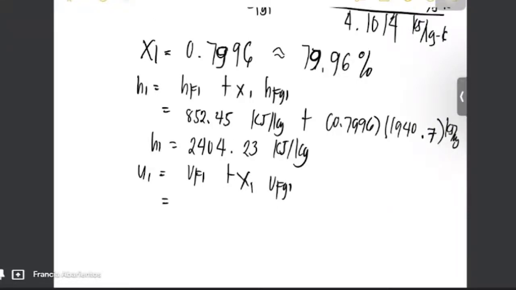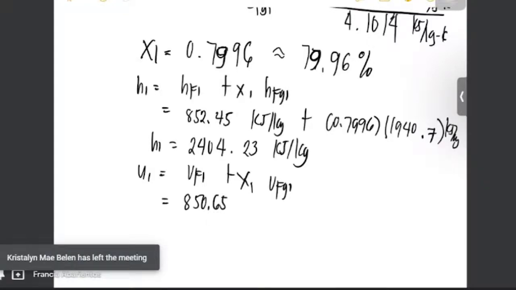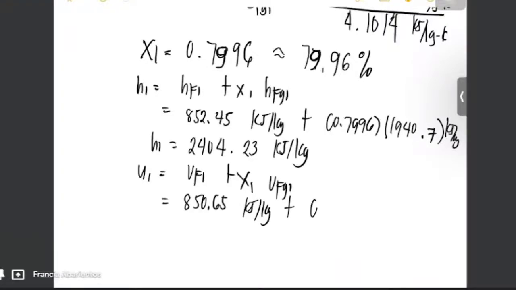What is UF1? F ha, hindi G. 850.65 plus the quality times 1744.7. We have now the internal energy at 0.1.